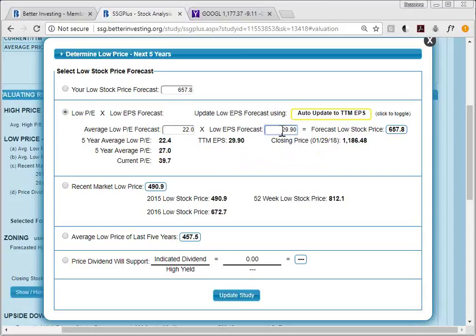It's a little bit of a time saver because I don't have to go in and update this number. So if I have chosen this method, my low price should keep rising automatically based on the trailing 12 months earnings. So hopefully that explanation will work and has not confused them further. I hope so. Okay. All right.